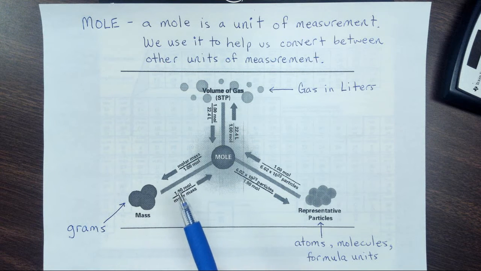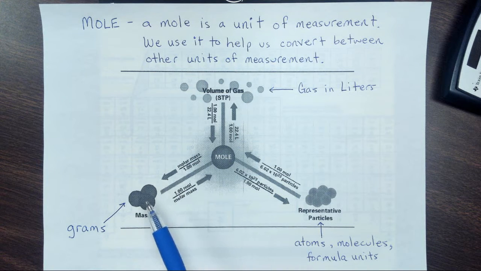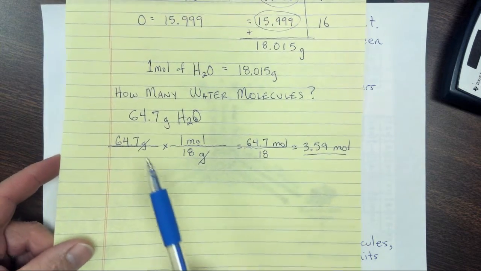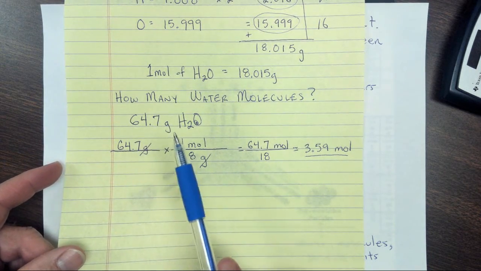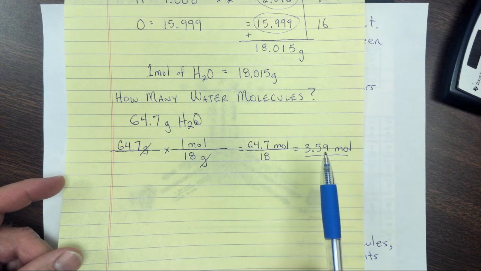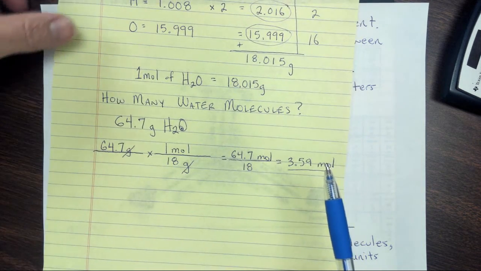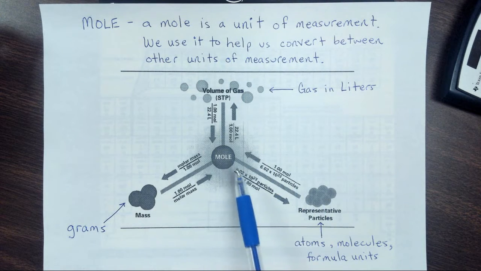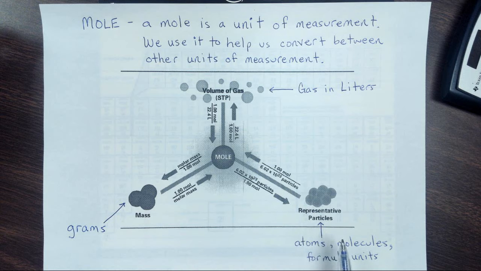And in the last video we just did from grams to moles. That's how we ended up with 64.7 grams ended up being 3.59 moles. Now I'm going to take that 3.59 moles, I'm going to go this way to get to how many water molecules that is.